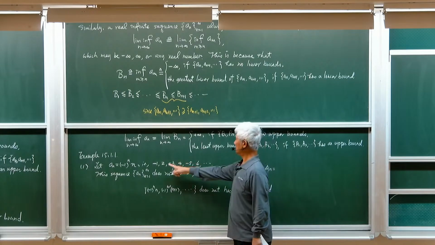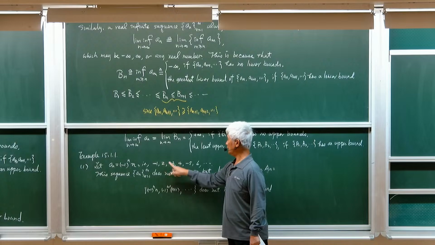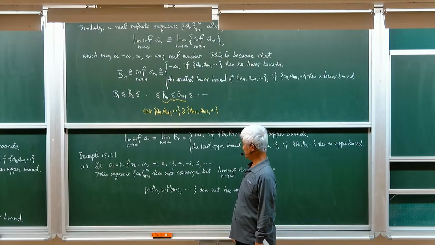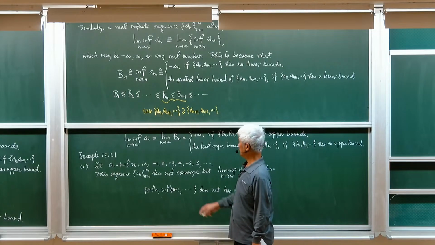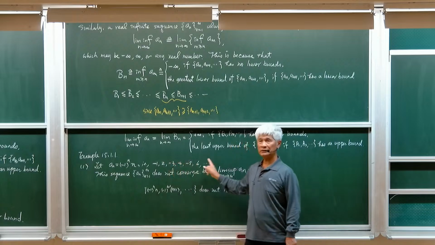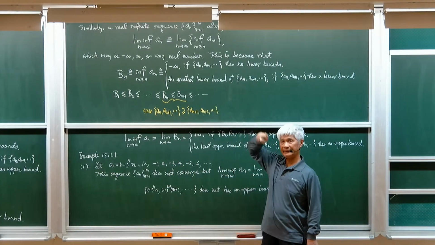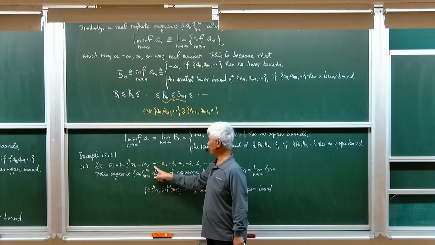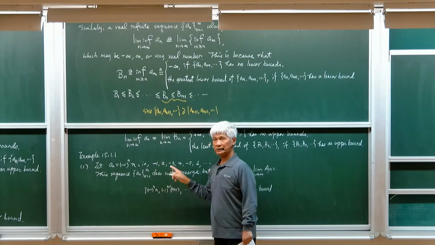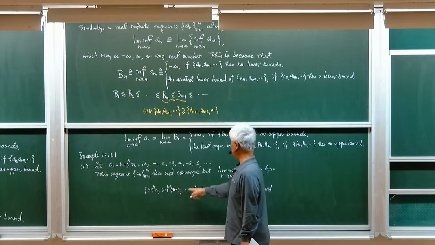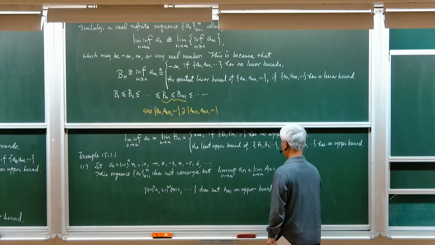Because for the even terms, you have 2, 4, 6, so the integers go to infinity. But for the odd terms, you have integers going to minus infinity. So this set does not have an upper bound.